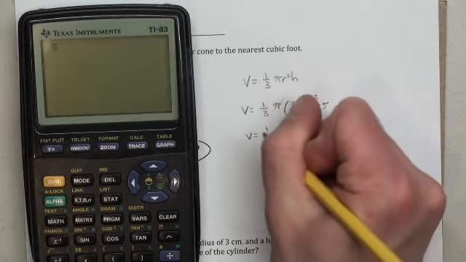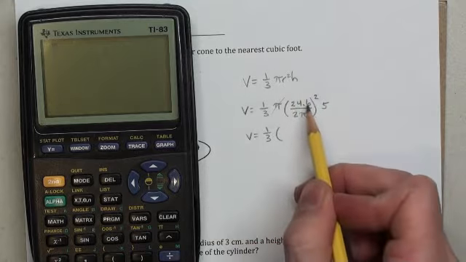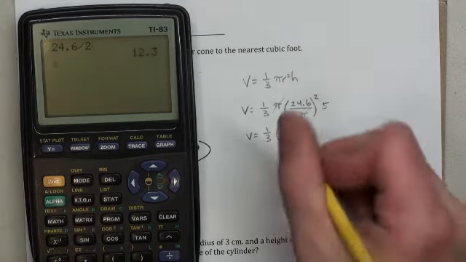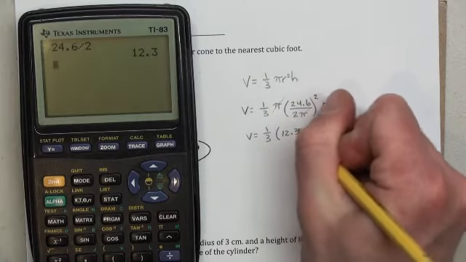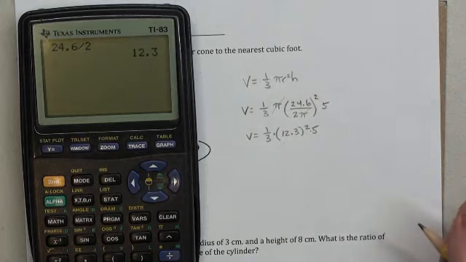We have volume equals 1/3 times 24.6 divided by 2, which is 12.3, so it's times 12.3 squared times 5.